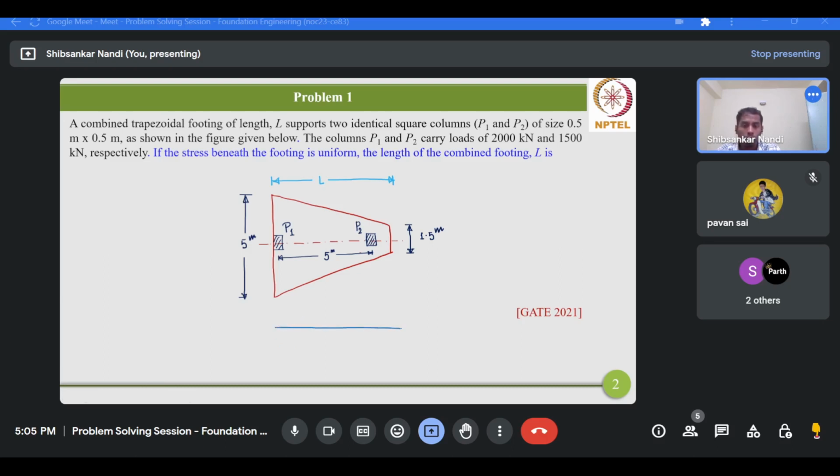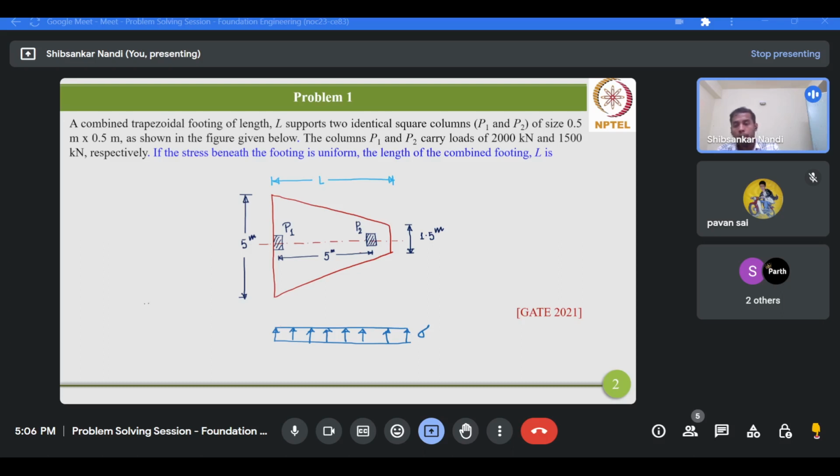So this is the base level of the foundation, and we are trying to assure a uniform distribution of stress beneath the base of this footing. The intensity of stress beneath the base of the foundation we are denoting as sigma.